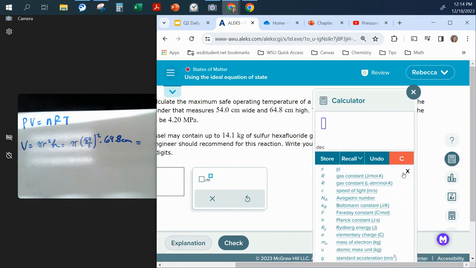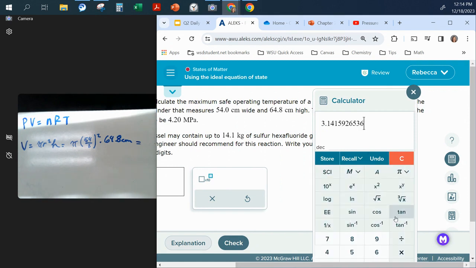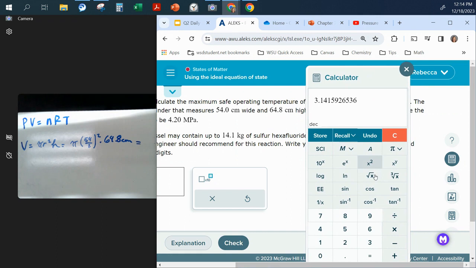So let's see, does this have pi? Oh yeah, great. Pi times the radius, which is 54 divided by 2, that's the radius, squared, times the height, which is 64.8.